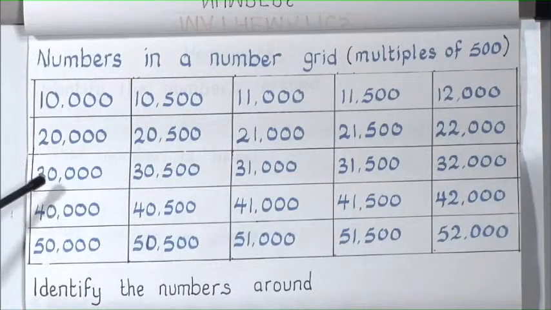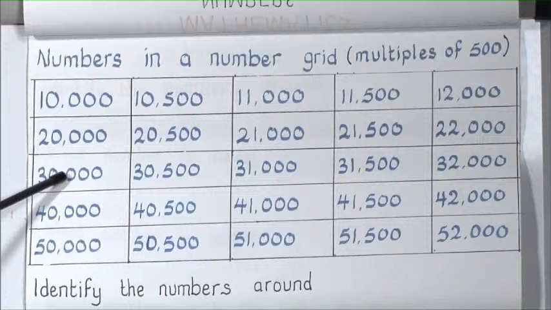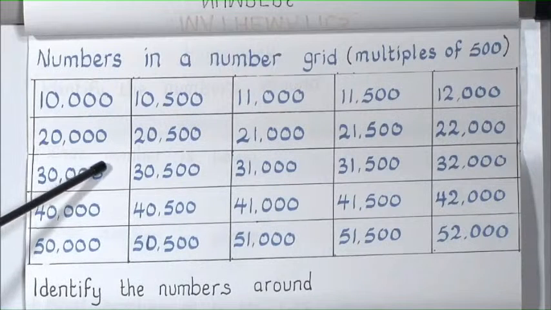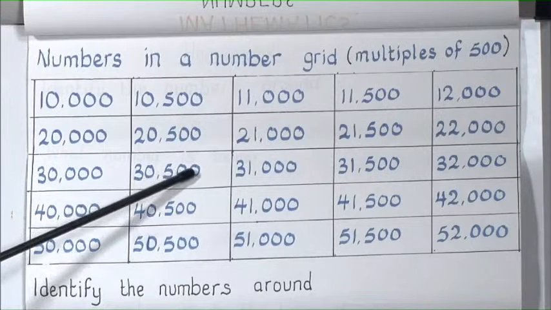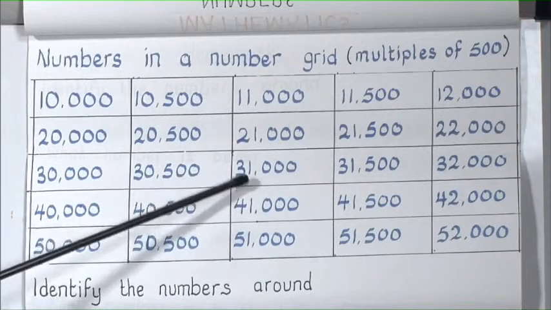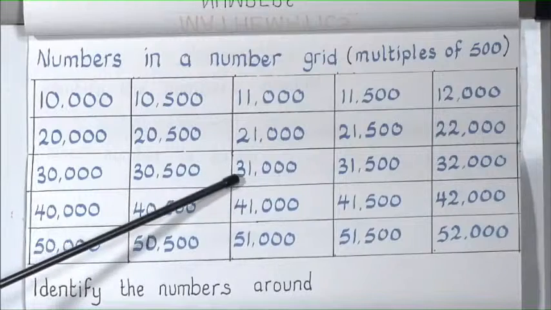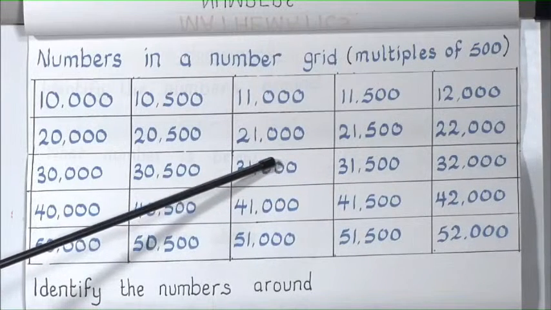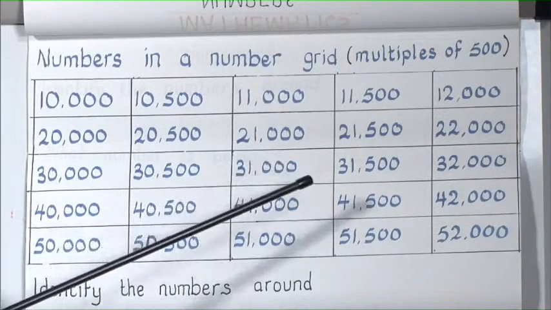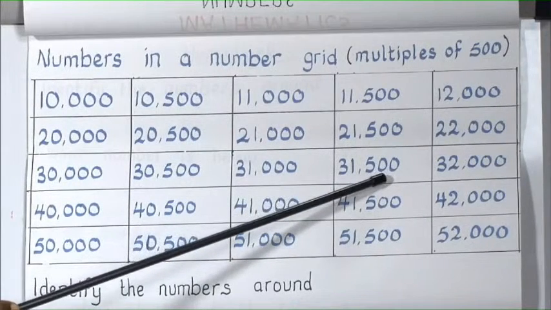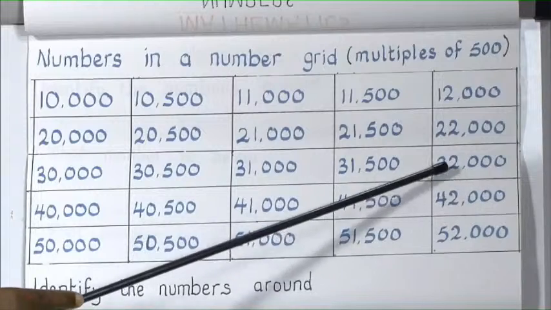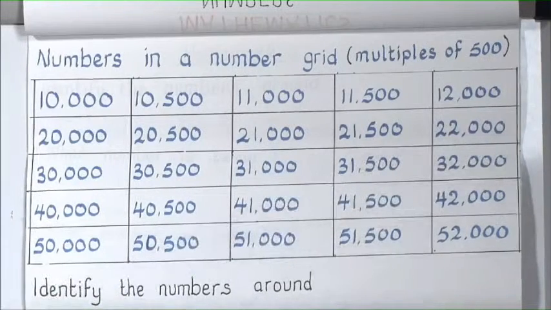Then let's come to this one. It's 30,000. When you add 500 to it, you are going to get 30,500. The next one, you add 500, becomes 31,000. When you add another 500, it becomes 31,500. When you add another 500 to it, you get 32,000.